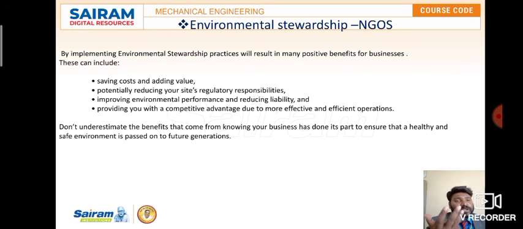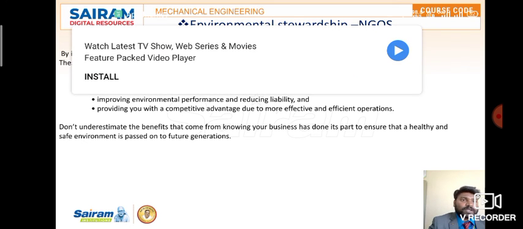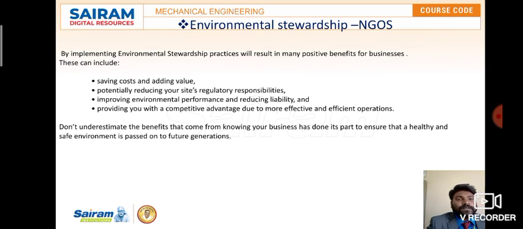What are the positive benefits? First one is saving costs and additional value, potentially reducing your site's regulatory responsibilities, improving environmental performance and reducing liabilities, providing you with a competitive advantage due to more effective operations. So all these things, we get the result out of it, we get the benefit.